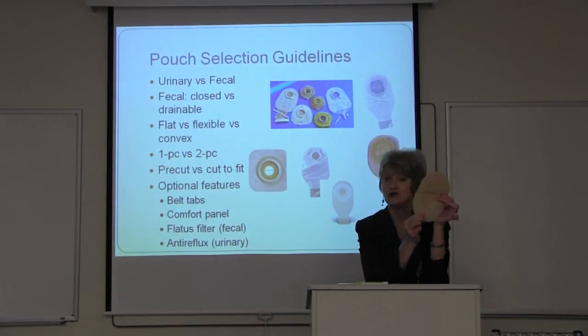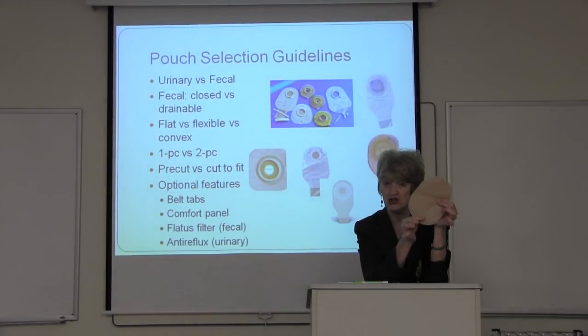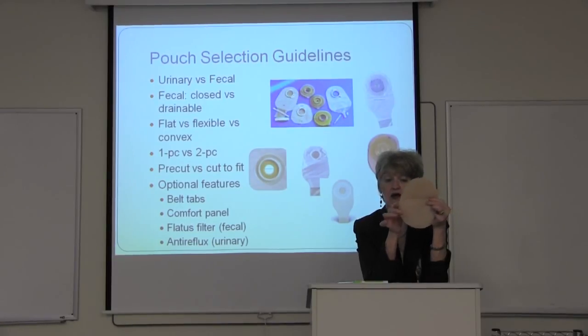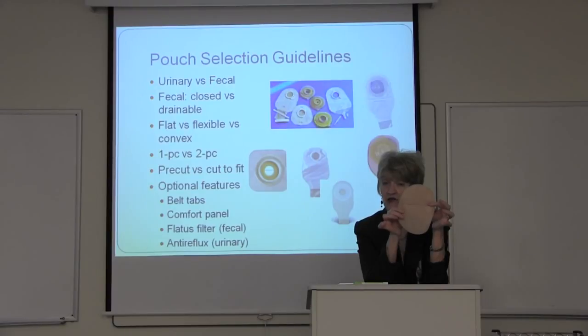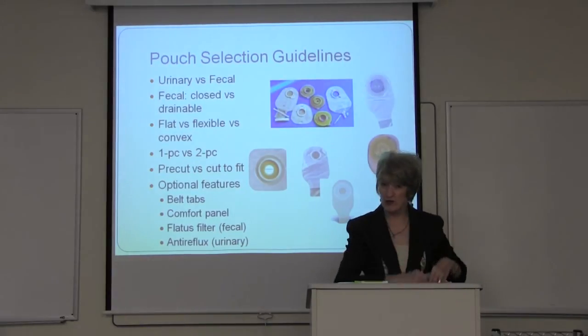So a closed-in pouch can be an appropriate choice for a patient with a left-sided colostomy who has only 1 to 2 stools a day. Closed-in pouches are covered at the rate of 2 a day. There are some patients who hate the idea of emptying the pouch. They're okay with changing it.